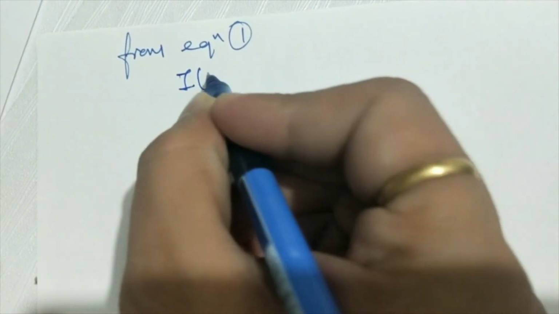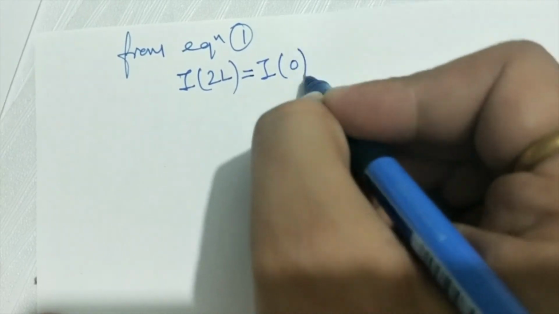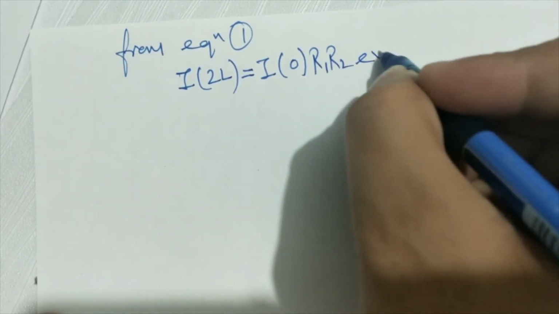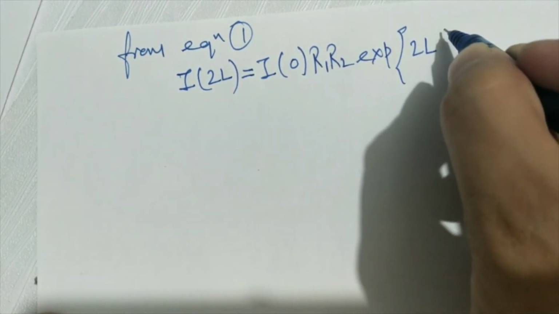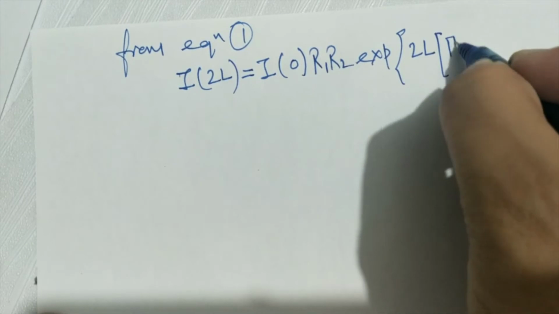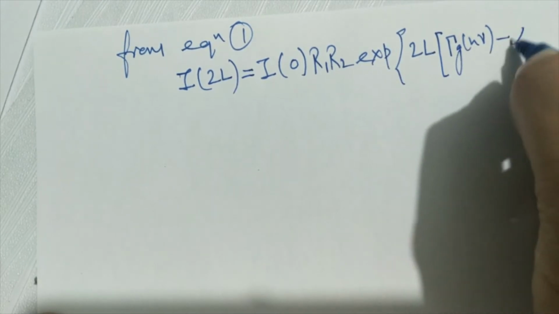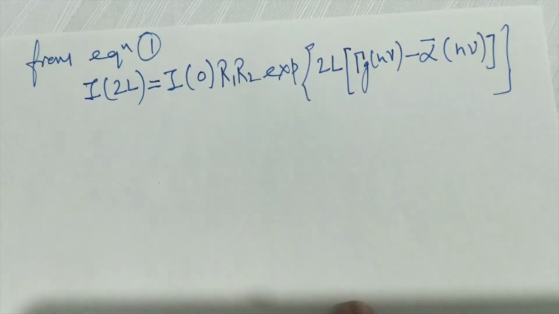Because z is approximately equal to 2L, I 2L equals I naught times R1 R2 times exponential of 2L times (gamma minus alpha). Now we have modified our equation number 1.